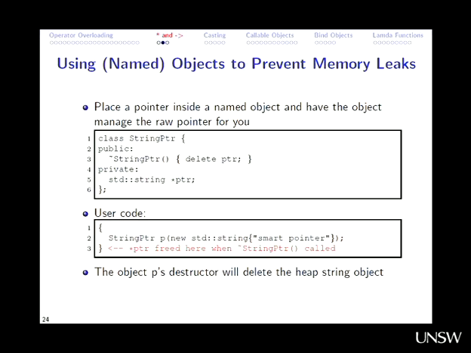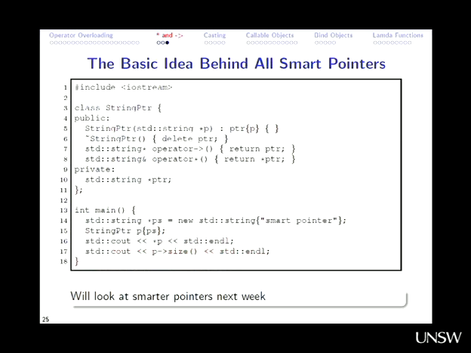So this is using unnamed objects to prevent memory leaks. Part of the reason why we haven't talked too much about dynamic memory is, A, it's still coming up, but second to that, we're going to be using smart pointers everywhere. Basically, from next week, you're never going to see a raw pointer again, I hope. And so the basic idea behind all smart pointers looks like this.